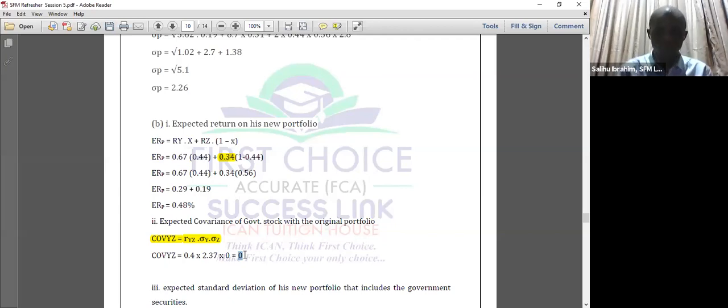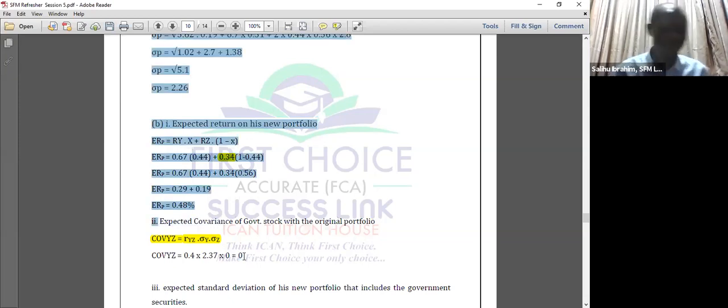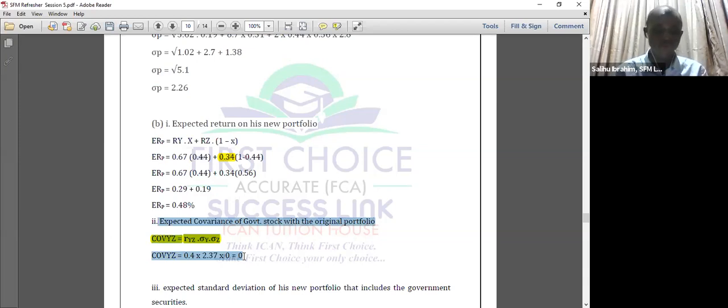Are we together? You can see that in this particular question, the question will not let you know that the risk of a risk-free rate investment is 0. No, you need to know that since this investment is riskless, the standard deviation should be 0.